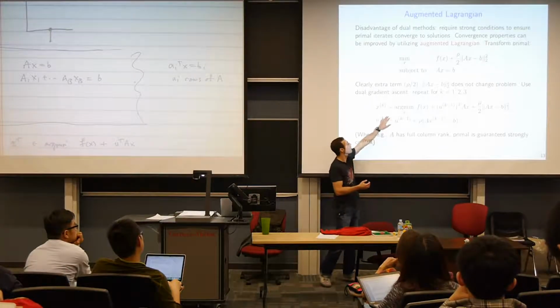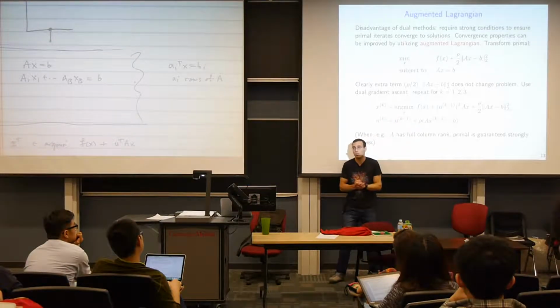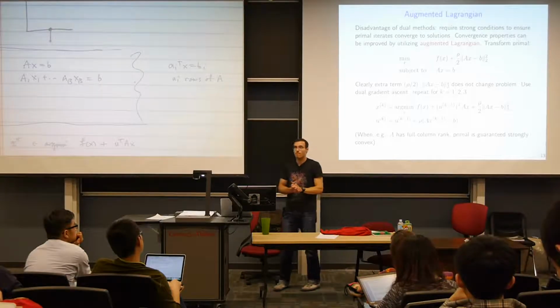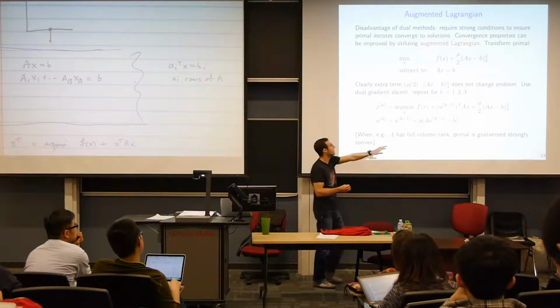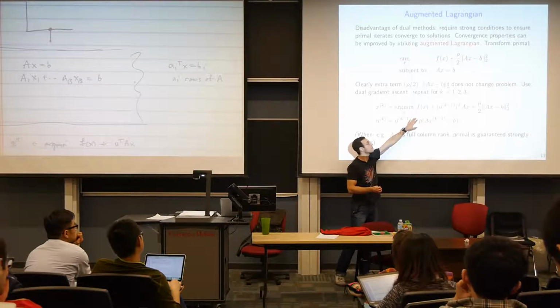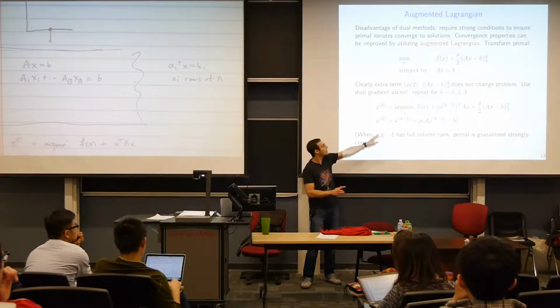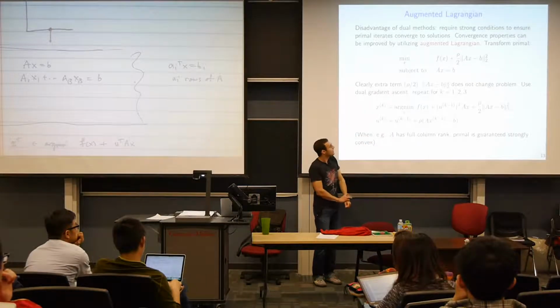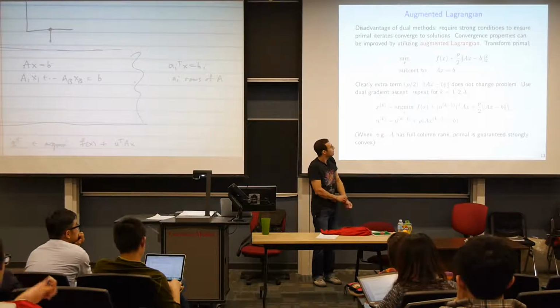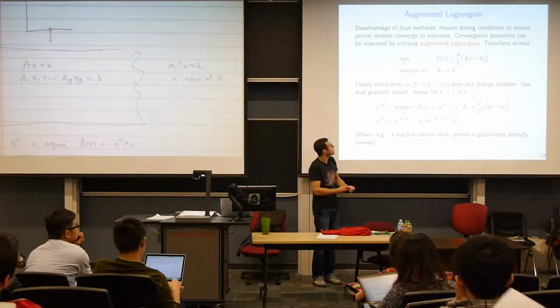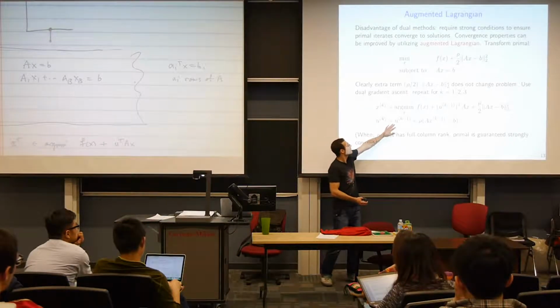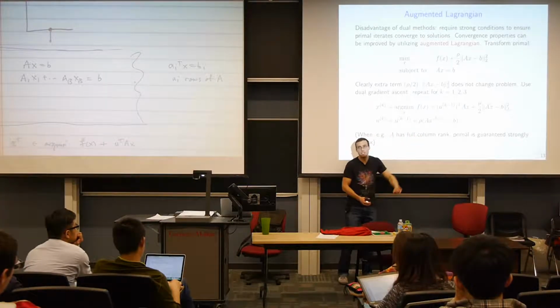In particular, this is always going to be unique, for example, if A has full column rank, because the function that we're minimizing here will always be strictly convex. But it generally just smooths out this inner step. Now we update our dual variables to what it was before, plus some step size times Ax minus b.